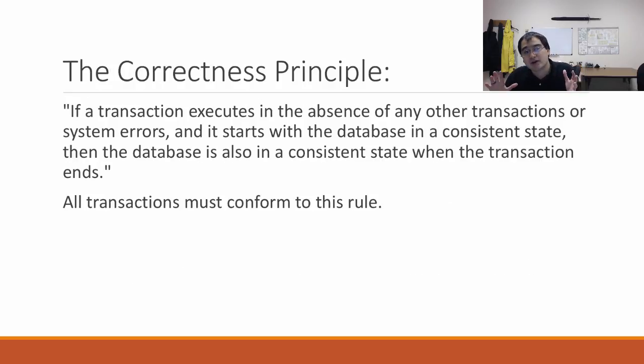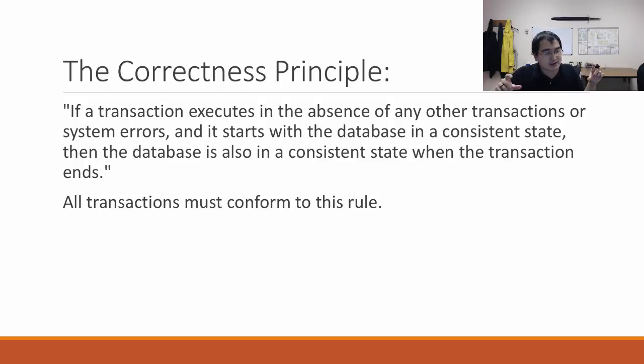And this is called the correctness principle. If a transaction executes in the absence of other transactions, so imagine if we move money from account A to account B in a particular transaction, and it starts with the database in a consistent state, then the database will always be in a consistent state after the transaction ends.